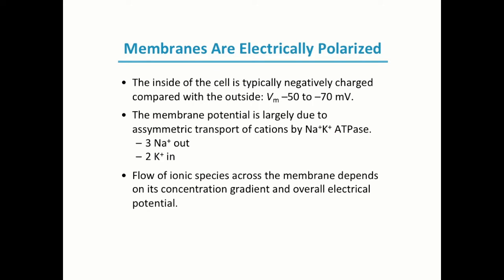Membranes are electrically polarized. That means that one side is negatively charged and one side is positively charged. In the case of cells, the inside of the cell is typically negatively charged compared with the outside. The membrane potential is largely due to the sodium-potassium pump, which pumps out 3 sodium ions at the same time that 2 potassium ions flow in.